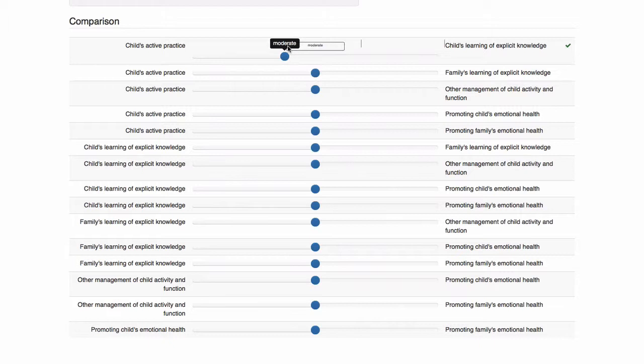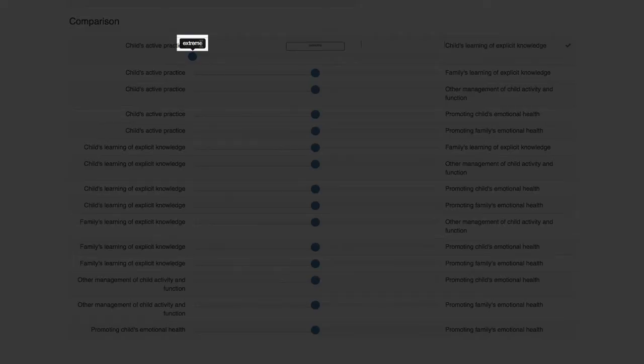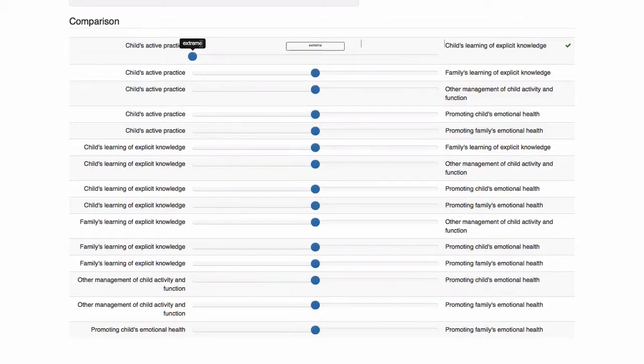But if one is present to a greater extent than the other, we can move the slider appropriately either to the left or to the right. There are 8 steps from the center out to either side: 1, 2, 3, 4, 5, 6, 7, 8. And there are these little bubbles that pop up that try to help convey the degree of the emphasis.